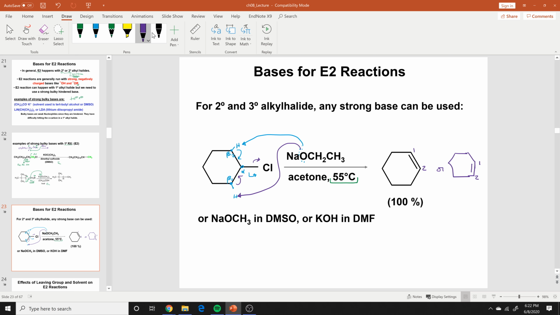But the thing is, if I use polar protic solvents, the rate of the reaction is going to decrease. So it's not going to increase, it is going to decrease by a bit, but not by too much though. So the E2 reaction will be slower if I use a polar protic solvent.